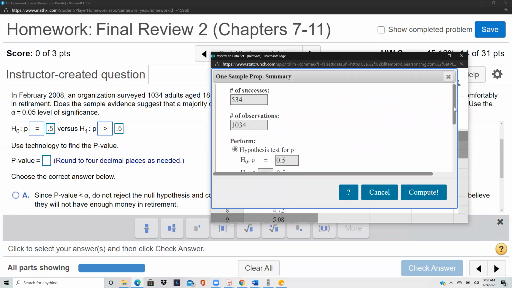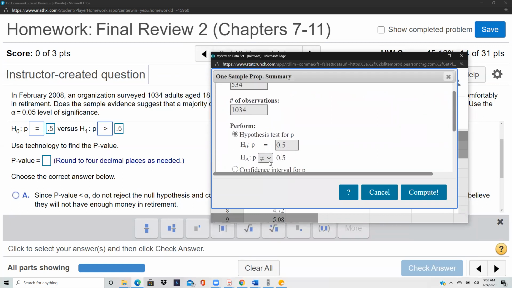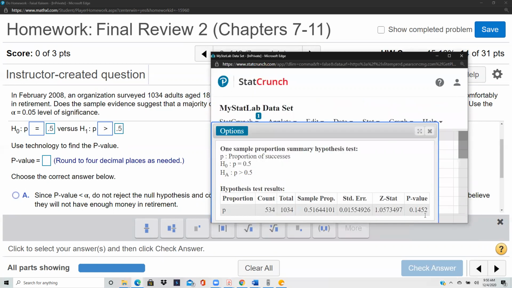For the hypothesis, it's already 0.5, but we need to change the second one to greater than. So the p-value is 0.1452.